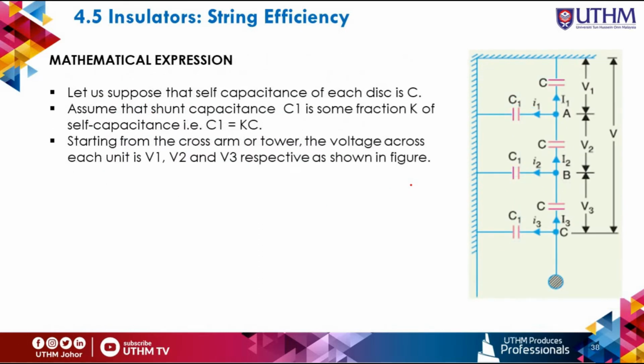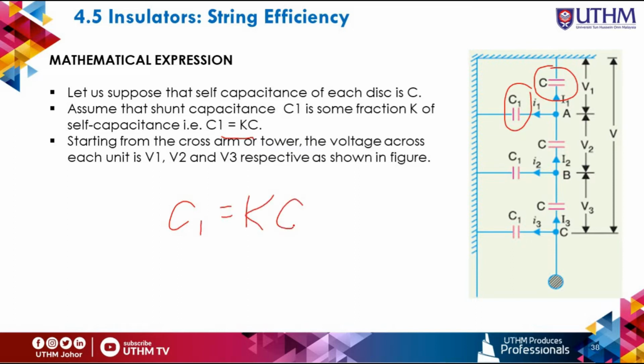Now we look at the mathematical expression for the string efficiency. Let us suppose that the self-capacitance of each disc is C. Assume that the shunt capacitance C1 is some fraction K of the self-capacitance, so C1 is equal to KC.